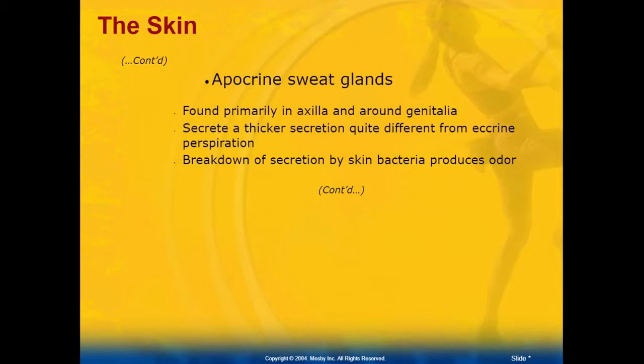So it's not a matter of getting away from this. It's a natural process, so help keep patients educated on what's going on. Really, it's not the sweat, it's the bacteria they need to be working on.